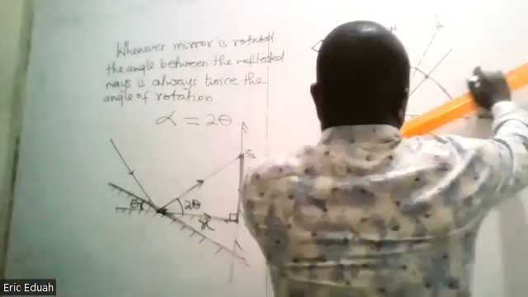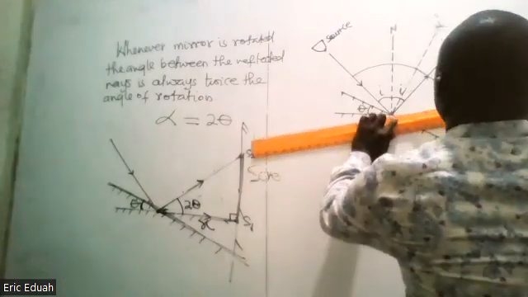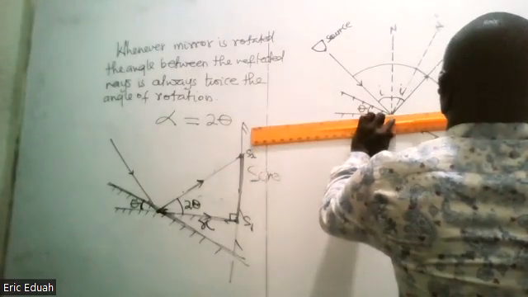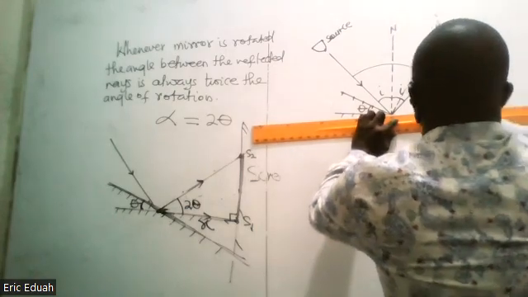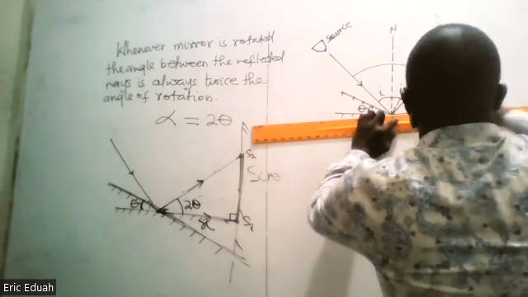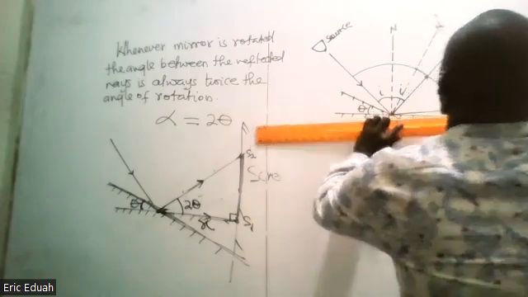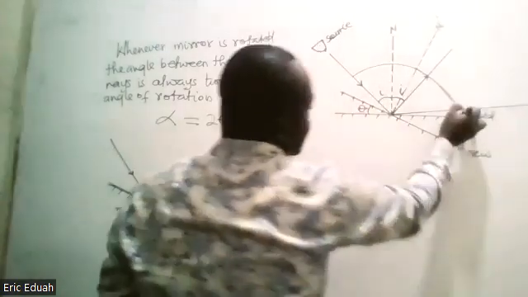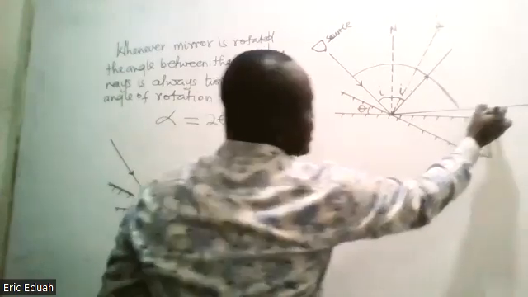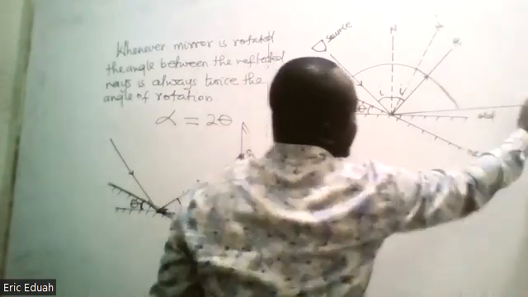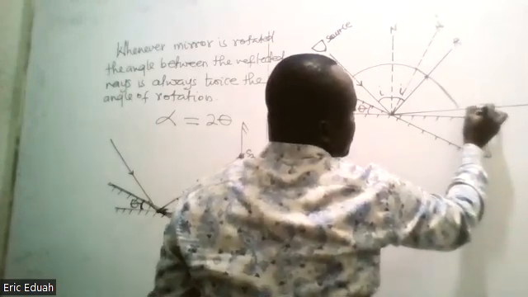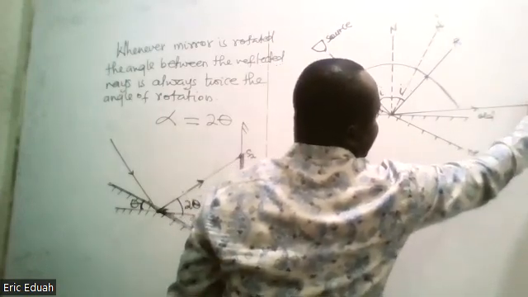So I have to get a reflected ray, with the angle of reflection equal to the angle of incidence. So this is the old reflected ray, and this will be the new reflected ray R prime.